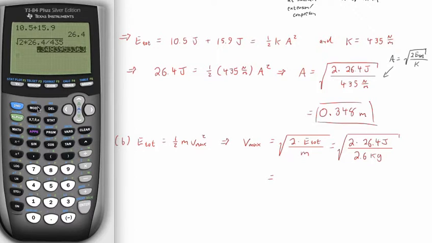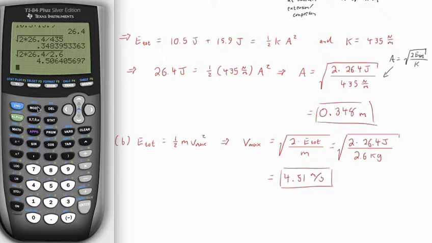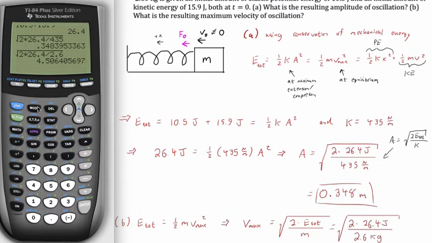I'm going to go up here because it's quite similar. The only difference is instead of dividing by 435, we're simply dividing by 2.6. All right, so I get a maximum velocity of 4.51 meters per second. That's it for the problem.